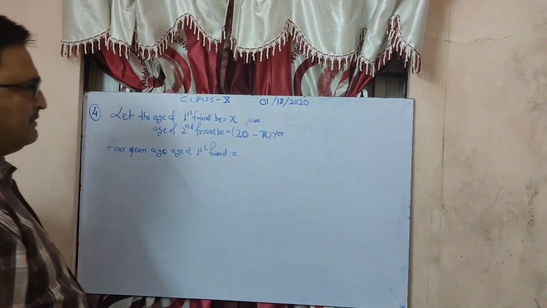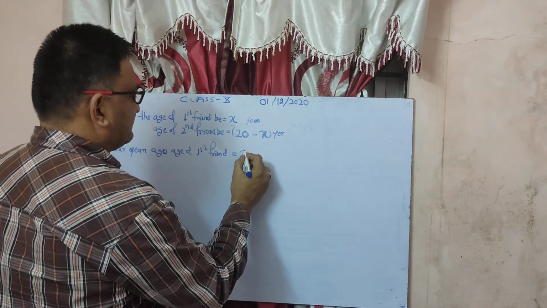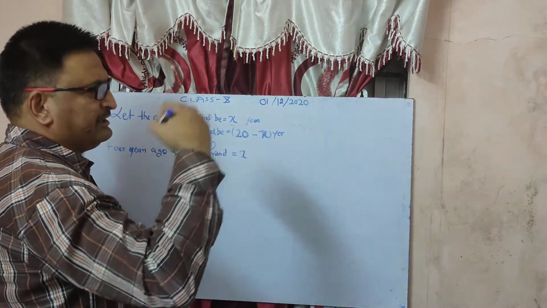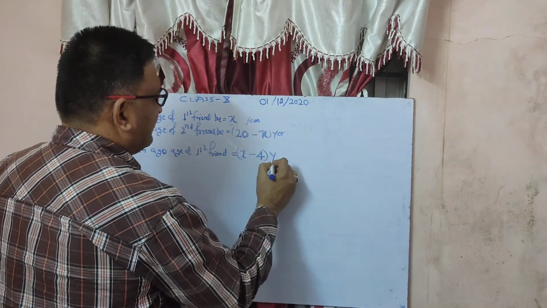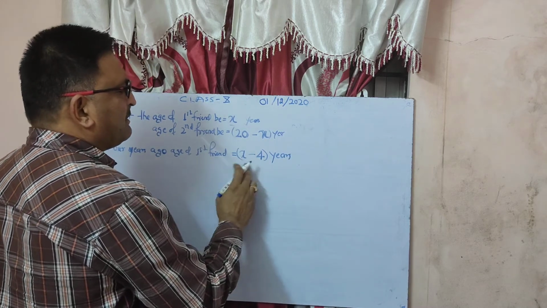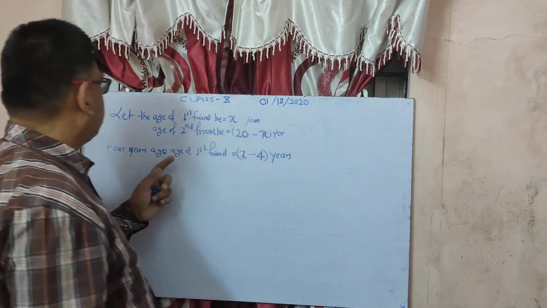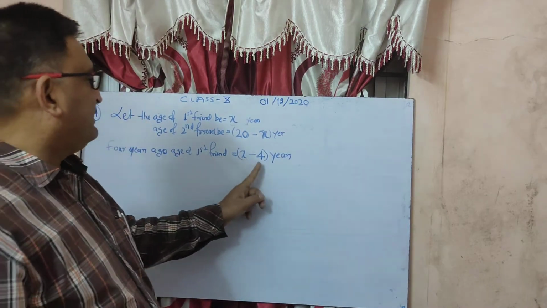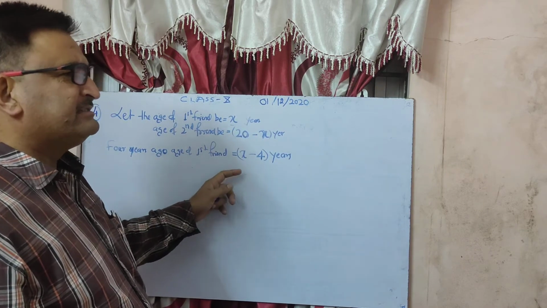Let us think the present age is x. So 4 years back, what will it be? x minus 4 years, isn't it? If it is 11, 4 years back, 11 minus 4, that is 7, like that. So 4 years ago, the age of the first friend will be x minus 4. This is the present age, and this is 4 years ago.